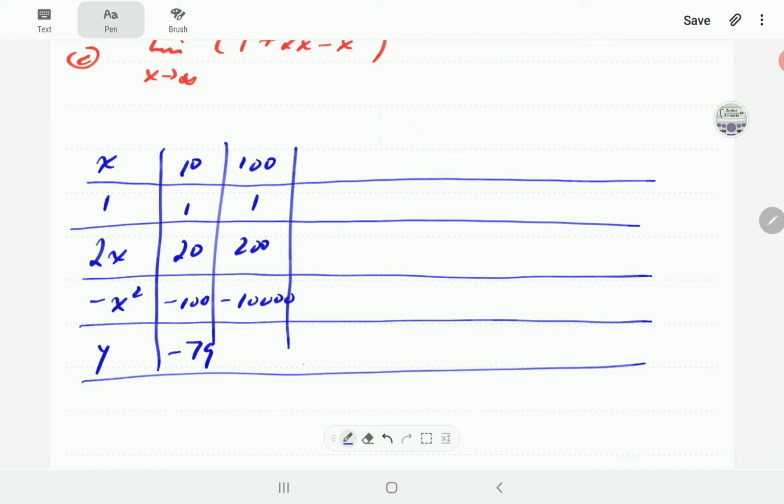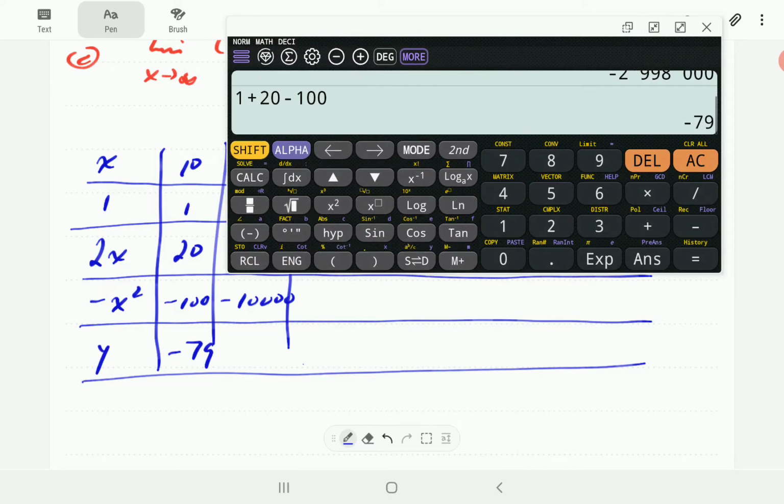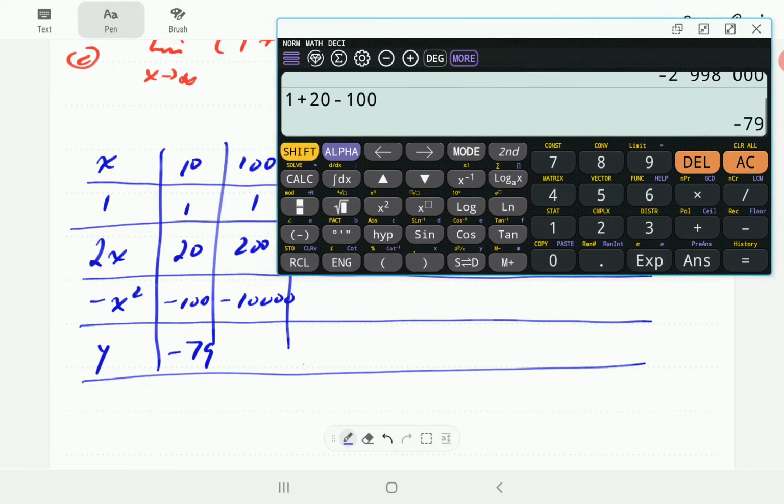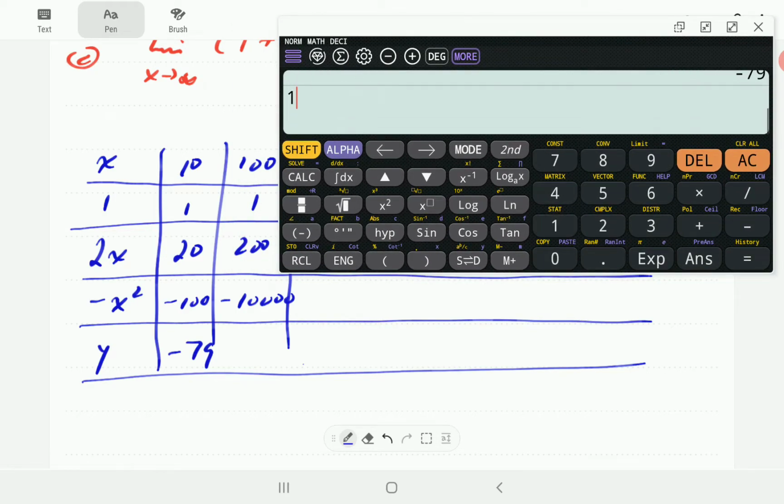Okay, so then y is going to be equal to 1 plus 200 minus 10,000. So this is going to be negative 9799.